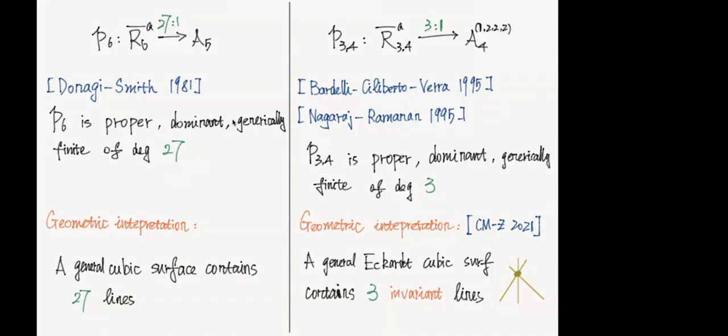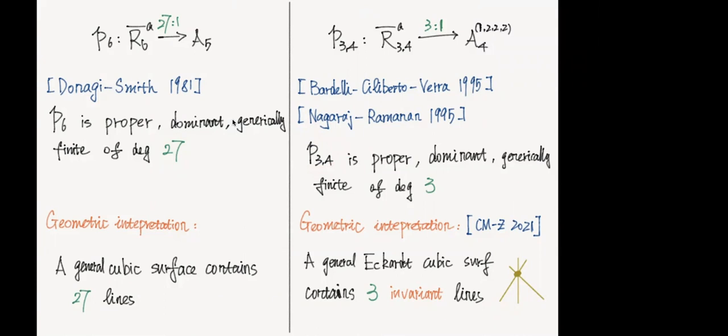That basically boils down to the geometric fact that a general smooth cubic surface contains 27 lines. And our Theorem 2 might be of independent interest. From Theorem 2, we give a geometric interpretation of why P3-4 is of degree 3.